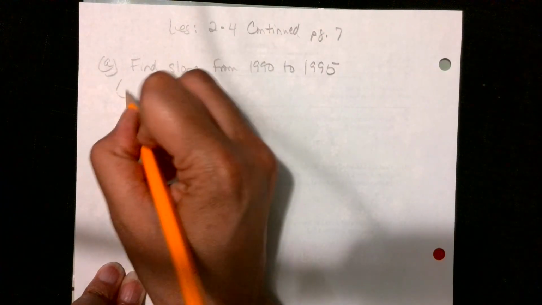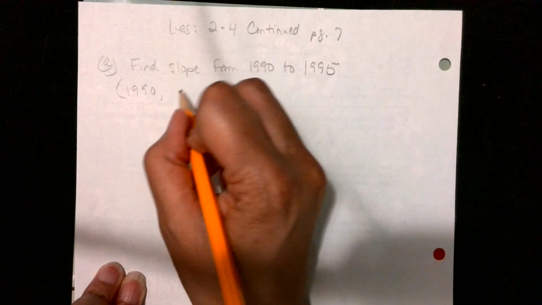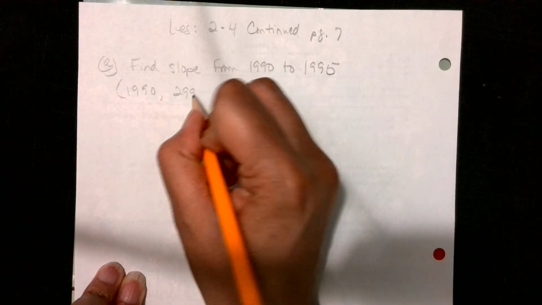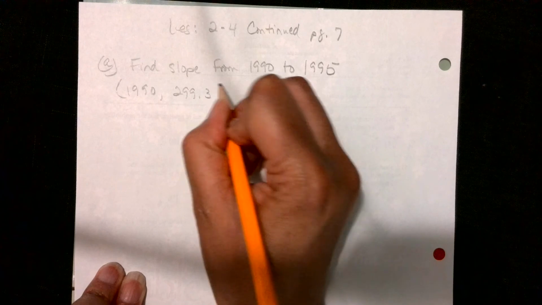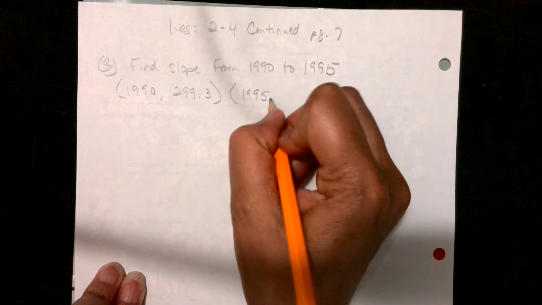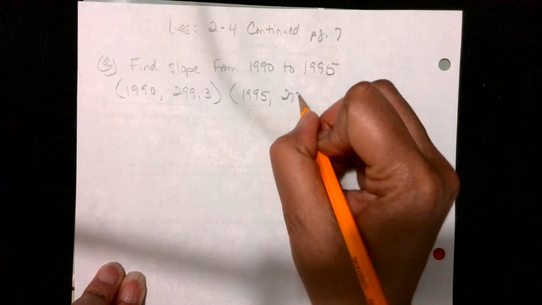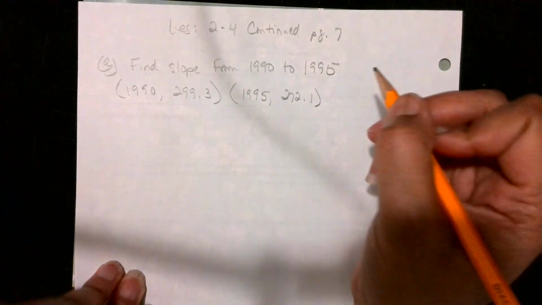All right, so 1990 from the table was 299.3 billion, and 1995 was 272.1. So this shouldn't have been too bad because you have ordered pairs.